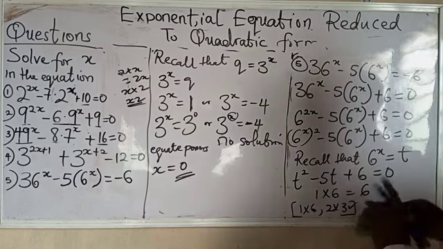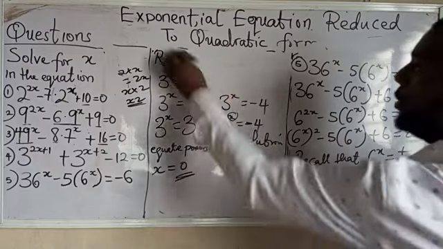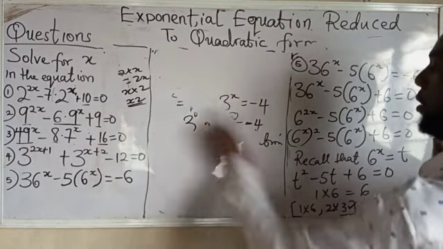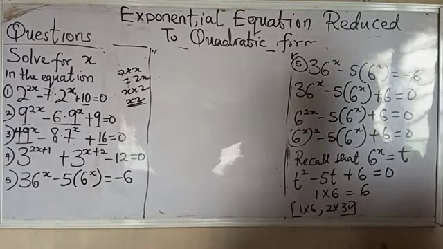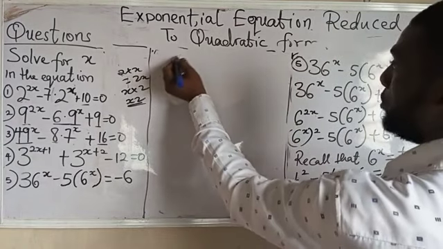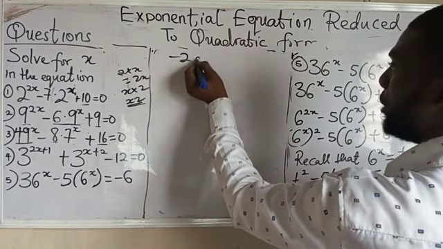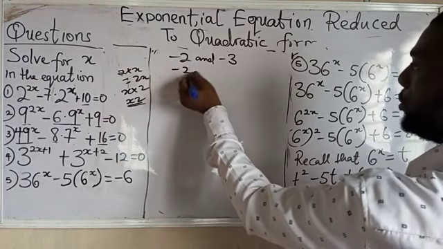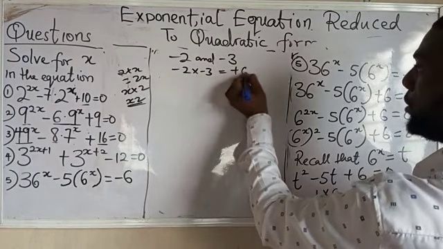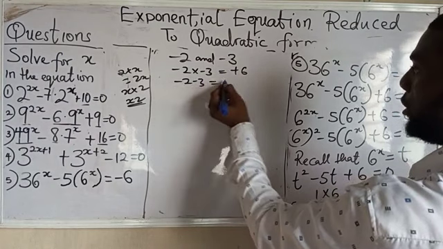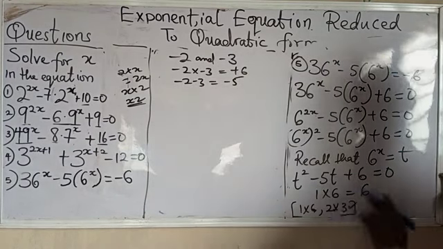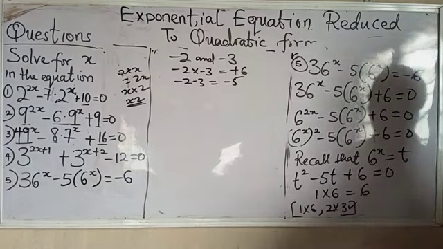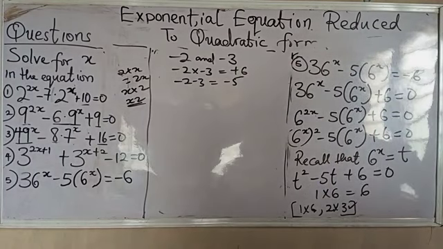So the right one is going to be minus 2 and minus 3. Why? Because minus 2 times minus 3 will give me plus 6. Minus 2 minus 3 will give me minus 5, which fits what we are looking for.